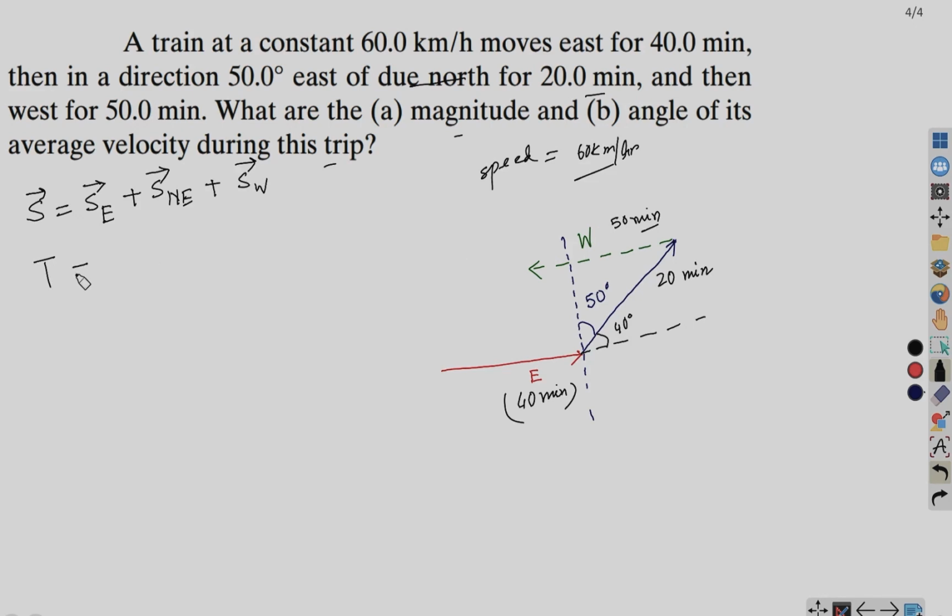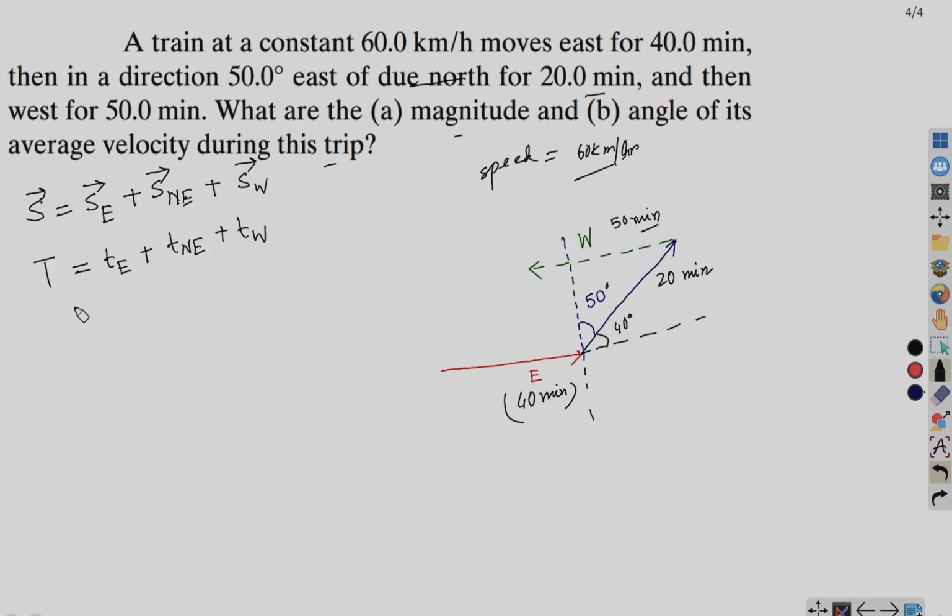And let's say T is the total time, where TE is the time taken along east, TNE northeast, TW along west. So if we can determine these, then from this we can easily compute the magnitude of the average velocity, okay?